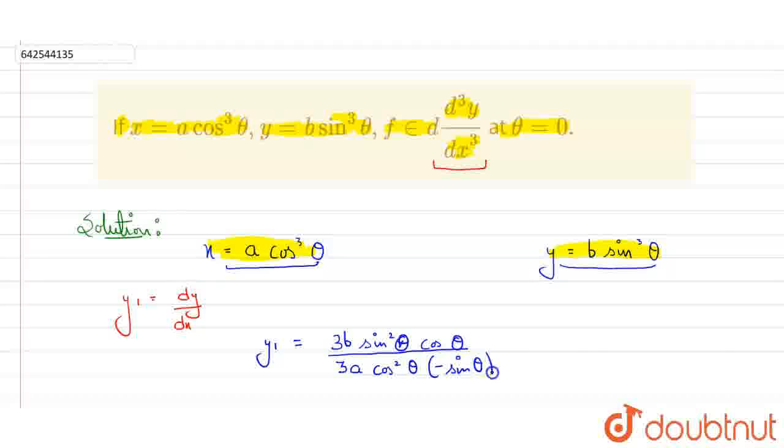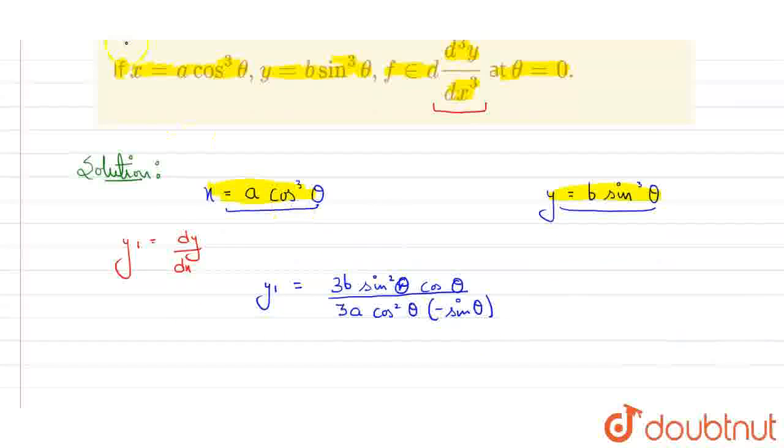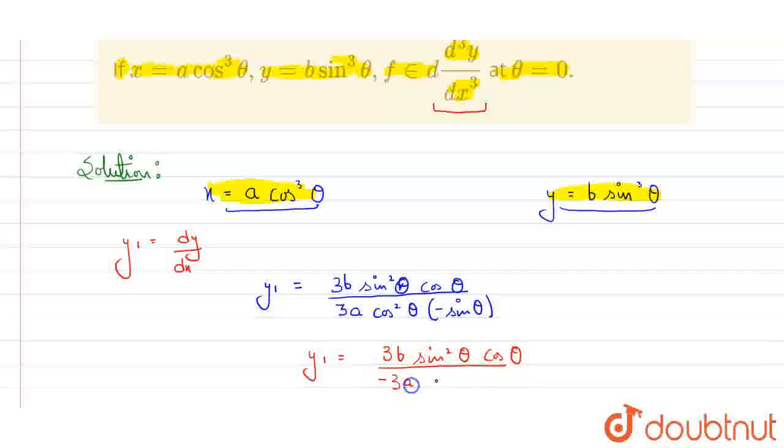Okay, so let's write it in more simplified form. So y1 is 3b sin square theta cos theta upon minus of 3a cos square theta sin theta. Simple.